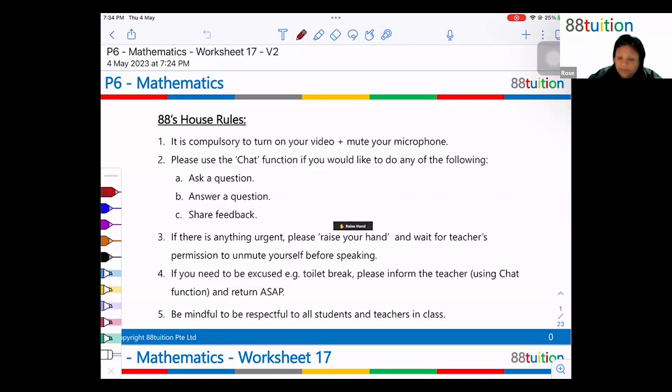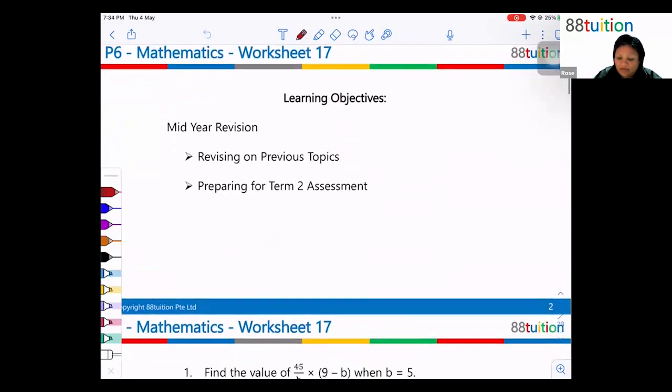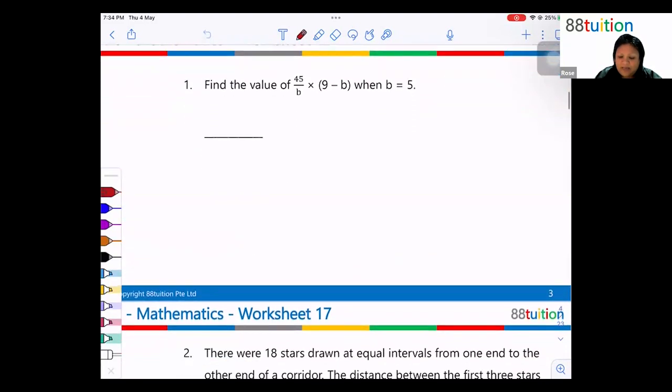All right. So we're going to look at the first question very quickly. This is an algebra question. Because they gave you that b equals 5, whenever you see a b, you just replace it with the number 5.